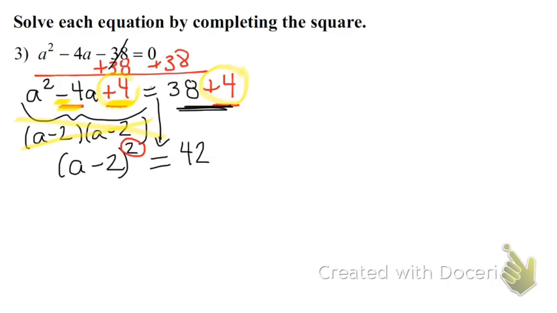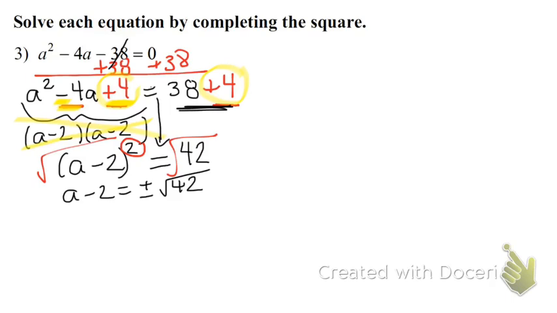From here, this problem looks just like the problems you did on your last test. To undo the square, you have to square root both sides. So I now square root. The square and square root cancel each other out, and I get a minus 2 equals plus or minus the square root of 42. Now, the square root of 42 maybe can be broken down.